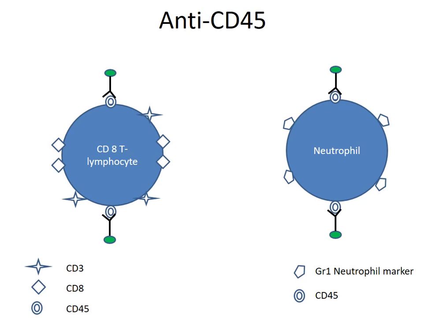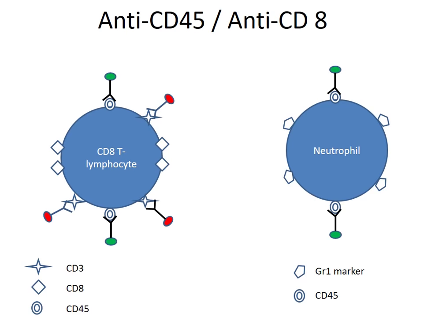The next thing we want to do is add an antibody that will enable us to distinguish between a CD8 and a neutrophil. So we add an antibody which will bind to CD3. And at this point, we've added a red fluorochrome so that we can distinguish between these two antibodies. And as you can see, neutrophils don't have CD3. So that's a good thing.